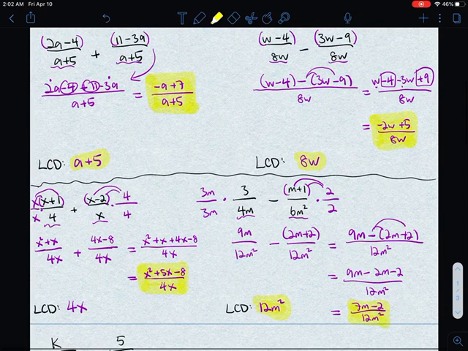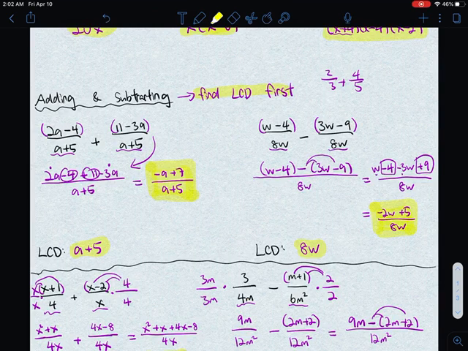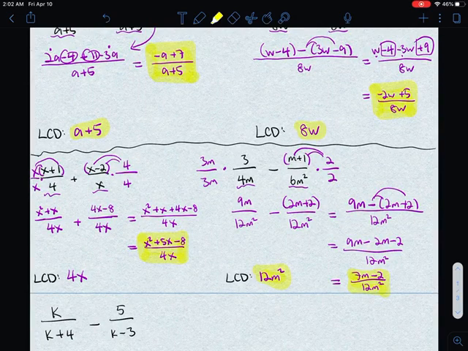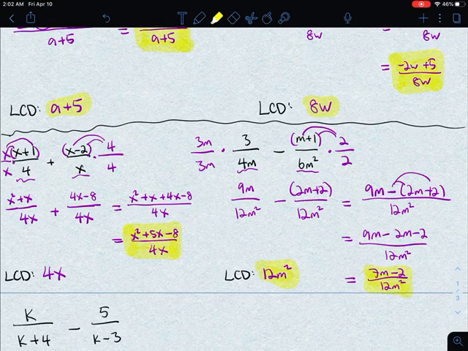Okay, so as you can see, when you're adding and subtracting, there are a lot more steps than when you multiply and divide. Again, first things first, always find the LCD first. And then all the steps are the same as what you would do with regular numbers, but of course with variables, it's slightly trickier.